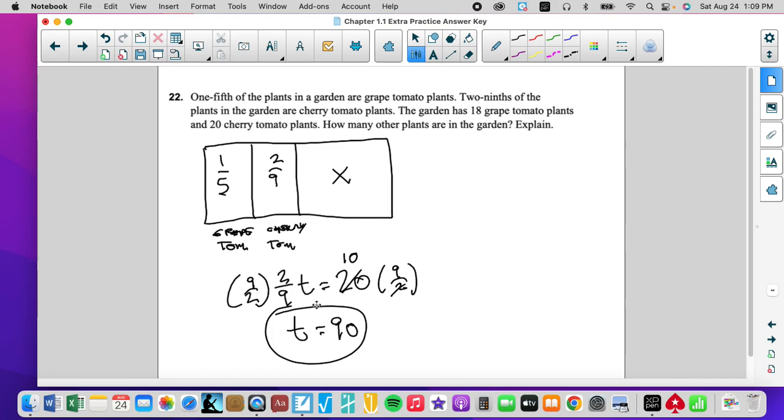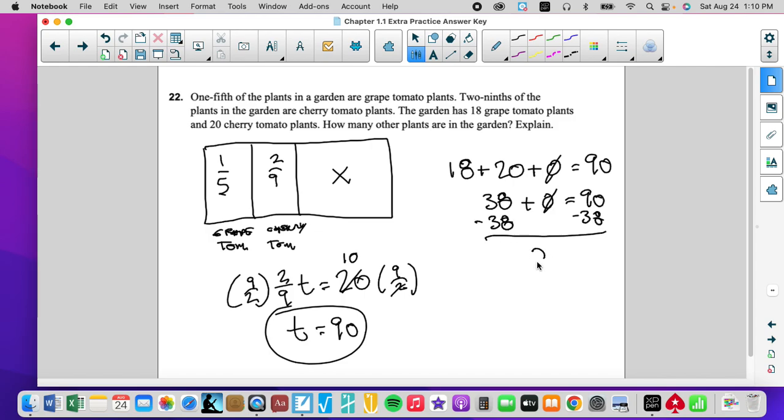So the total is 90. So there are a total of 90 plants. And if there are 18 grape, 20 cherry, and then how many other for a total of 90? So that's going to give me 38 plus the other plants equals 90. 90 minus 38 other equals 52. 52 other plants.